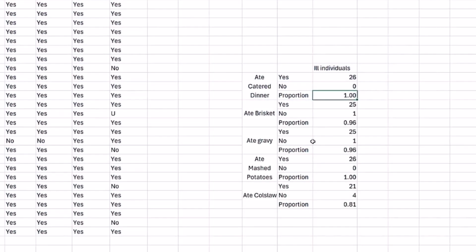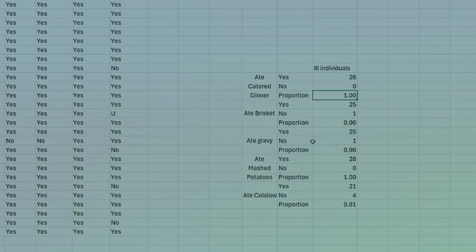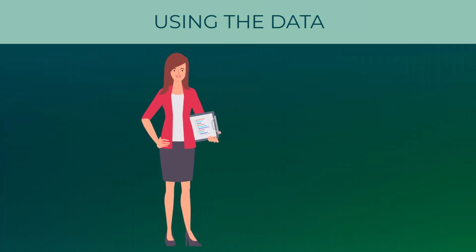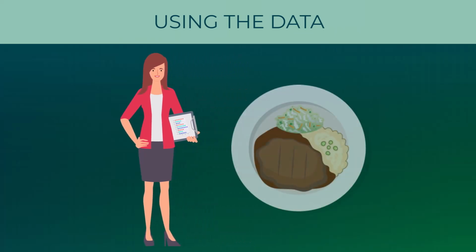When comparing the frequency data, we see that everyone who ate the dinner and mashed potatoes became ill. Using these results to generate a preliminary hypothesis, the El Paso County public health epidemiologist may decide to further explore mashed potatoes as a potential source of illness.